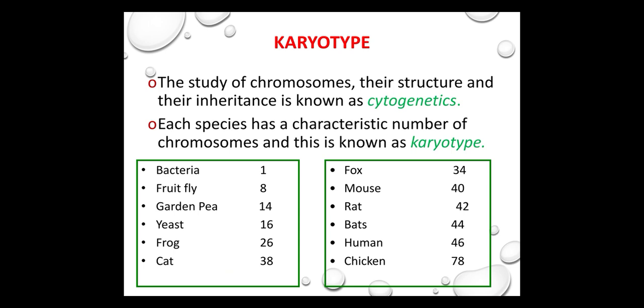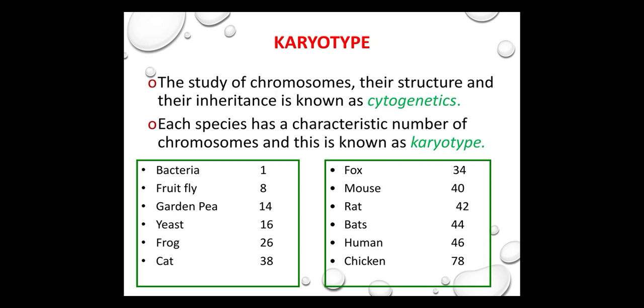When you say karyotype, the study of chromosomes, their structures, and their inheritance is known as cytogenetics. Each species has a characteristic number of chromosomes, and it is known as the karyotype. So for bacteria we have 1, fruit fly 8, green pea 14, yeast 16 chromosomes, frog 26 chromosomes, cat 38 chromosomes.